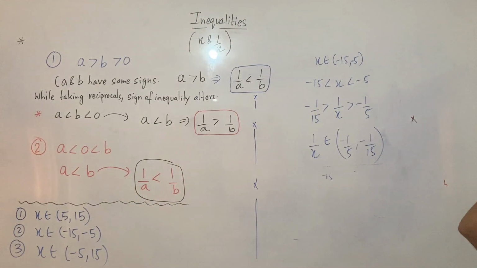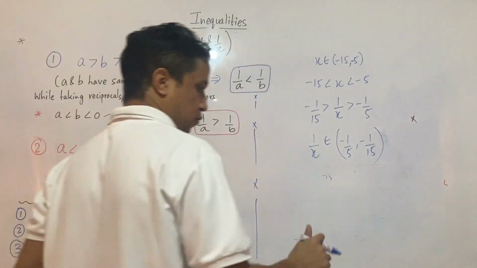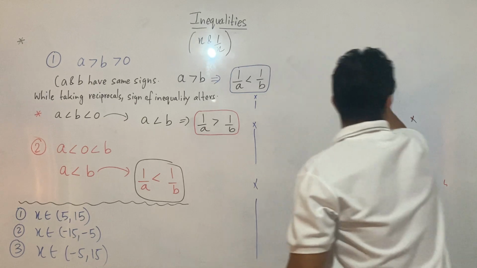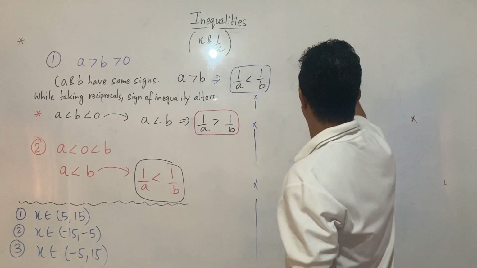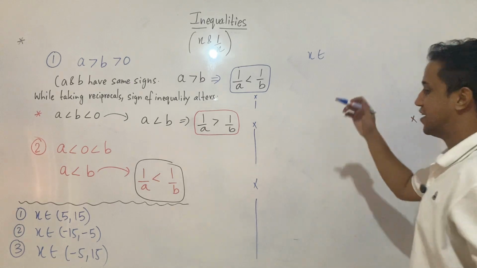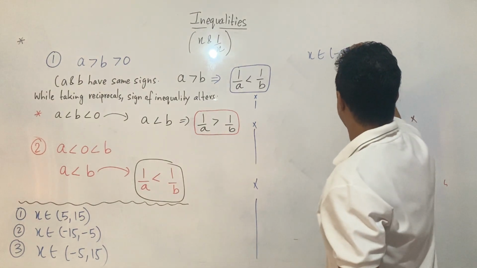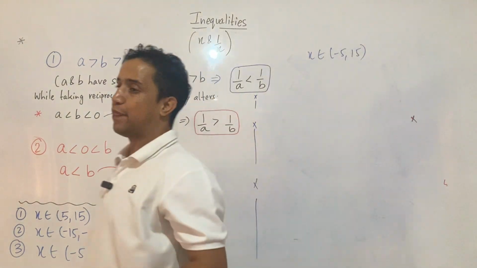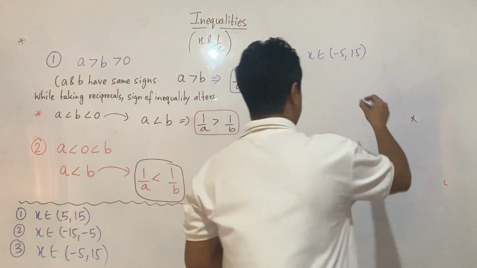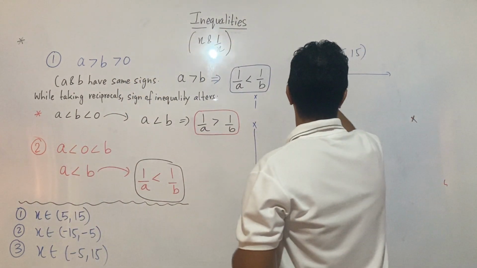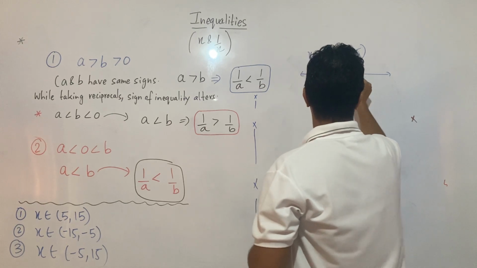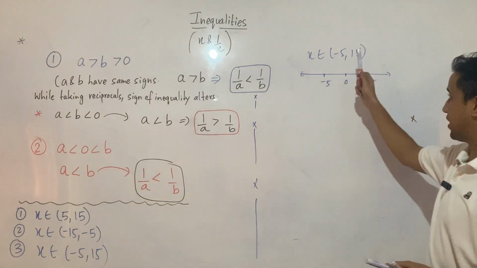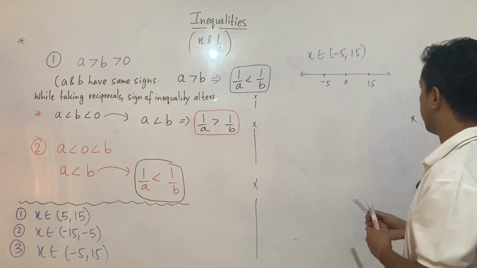All right, so when the value of x is between minus 5 and 15, right? Now, the problem is that if I break this interval, I can get two intervals. See here on the number line, this is minus 5, this is 0, and this is 15. Now this interval represents this thing on the number line.